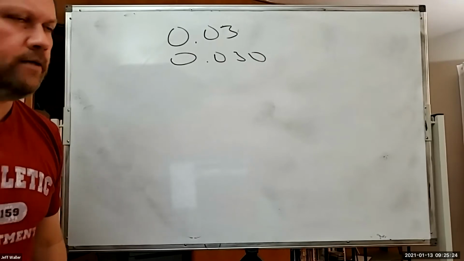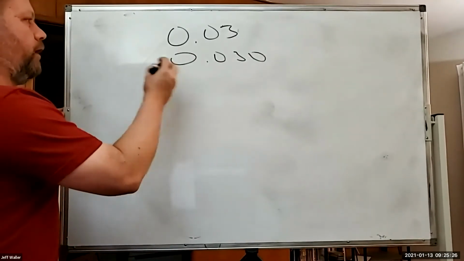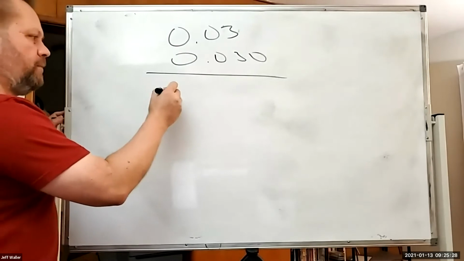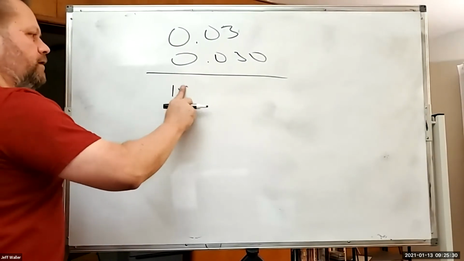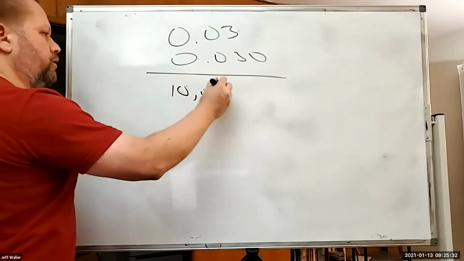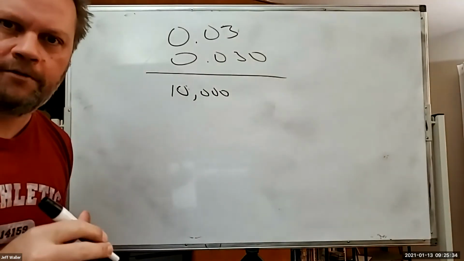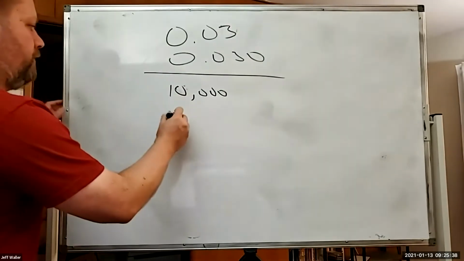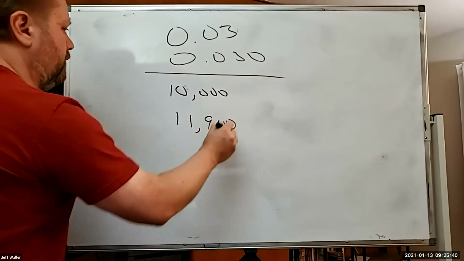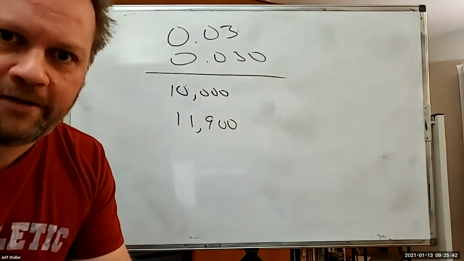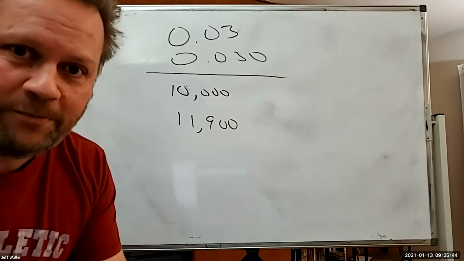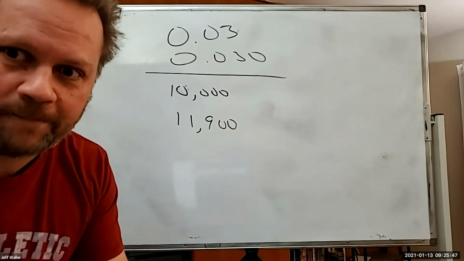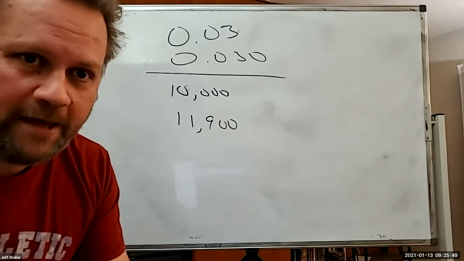And then an even better everyday experience is if somebody said, I think about 10,000 people are showing up, versus if somebody said about 11,900 people are going to show up, which one is obviously more certain about what they're saying? The second one. Yeah.